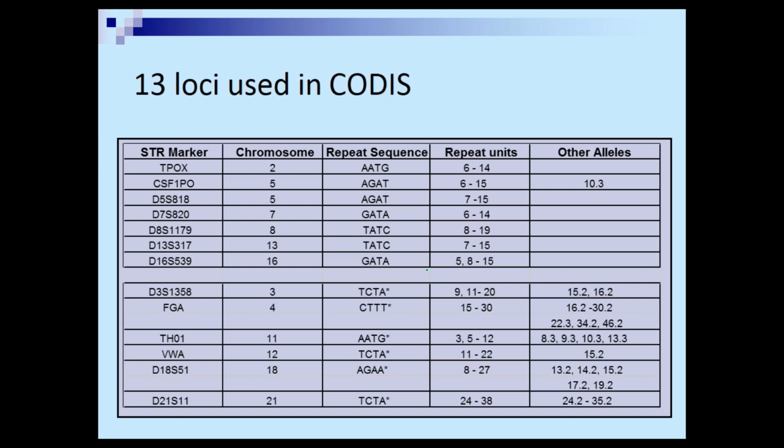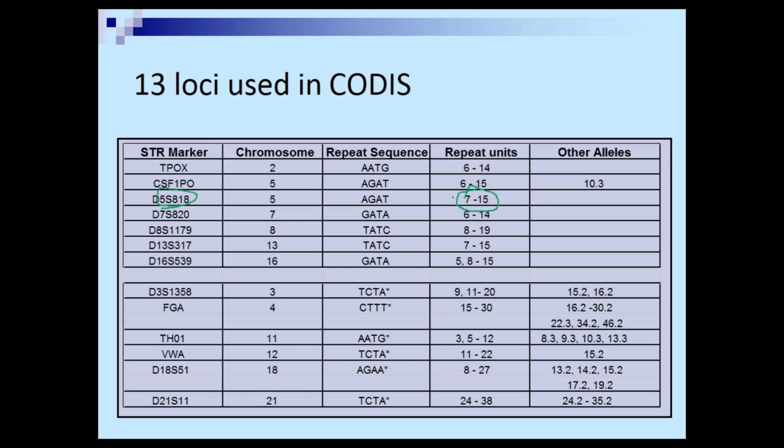Okay. Now, the problem is if we just looked at one location, and Keith was a 7-9, it may turn out that Lori is also a 7-9. It's possible when you're just dealing with, again, let's find our friend D5 here. Is that going to be a good example? Yeah, D5S818. Okay. You can be anywhere from a 7 to 15.